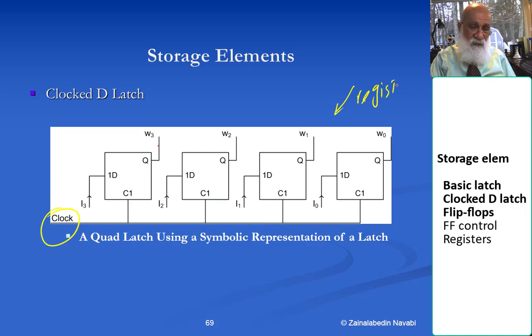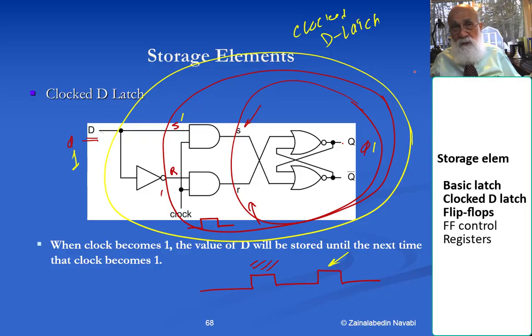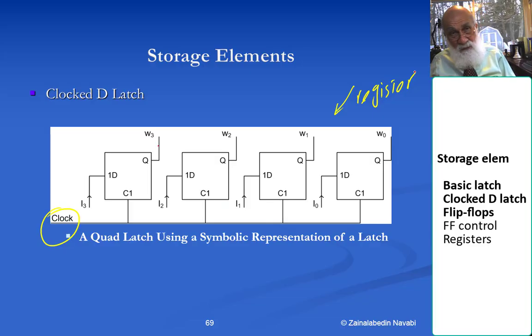Actually, the definition of the register is simple. When you have, instead of one latch, if you put 20 latches with the same control, with the same clock, that becomes a 20-bit register. This is a 4-bit register made of latches, or you can also call this quad latch structure.